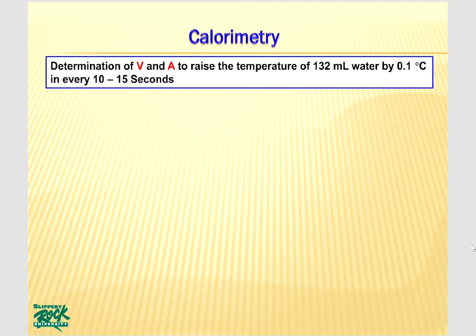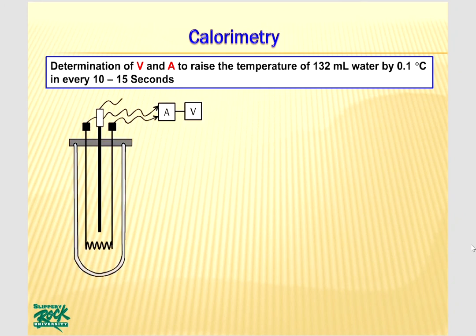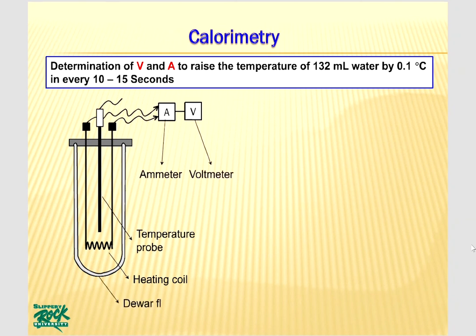The volume of water, 132 milliliters, is the same as the volume of acid-base mixtures. The calorimeter consists of a temperature probe, a heating coil that is connected to a power supply, a voltmeter, an ammeter, and a dual flask. First, start the Logo Pro program on the computer.